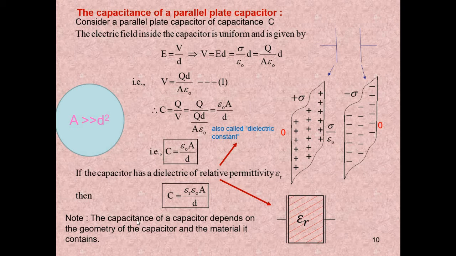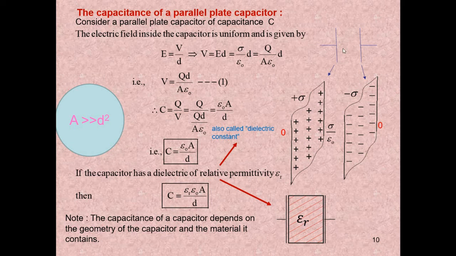See, the capacitance of a capacitor depends on the geometry of the capacitor. That is, it depends on the area of the plates, on how close the plates are, and on the material it contains, epsilon r. If epsilon r is say 8, capacitance will increase by 8 times.